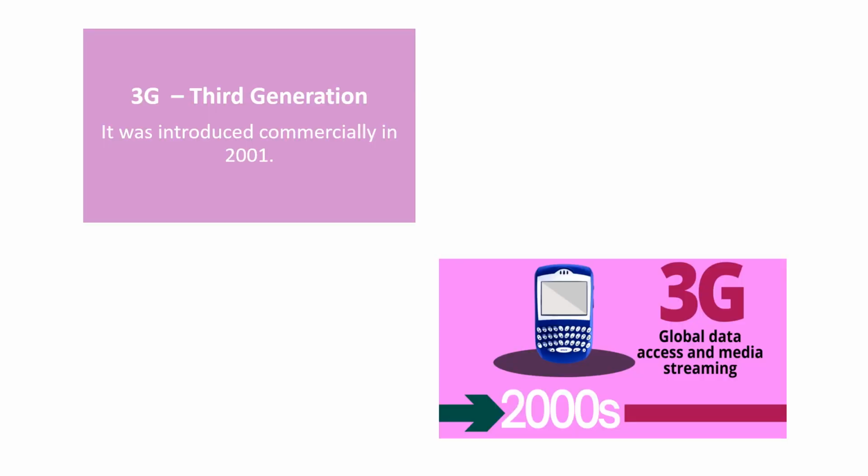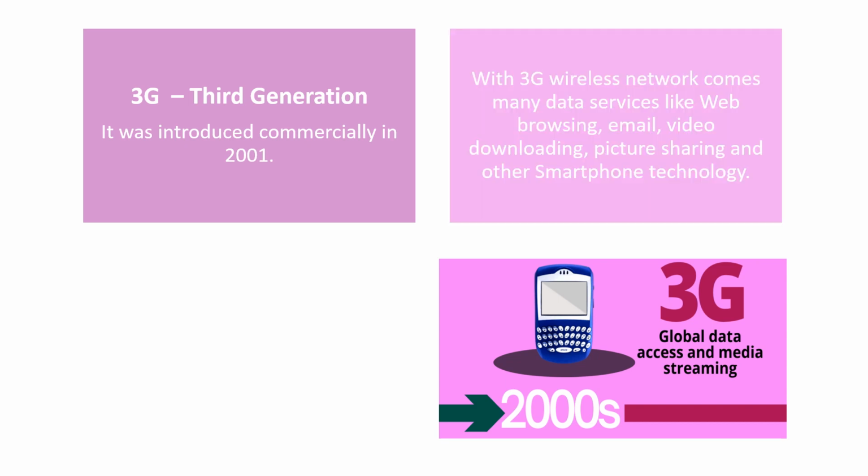Now we can move to the third generation. This was commercially introduced in the 2000s, in 2001. With 3G technology, many services like web browsing, email, video downloading, picture sharing, and other smartphone technology emerged.